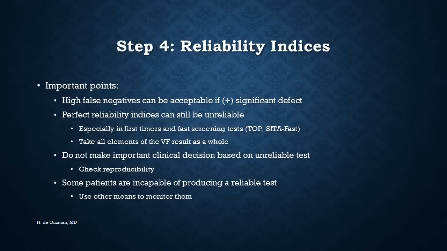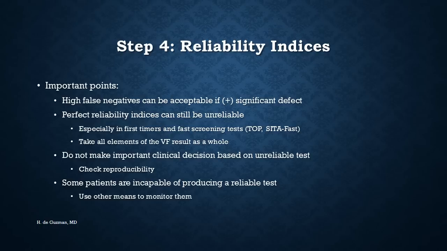Perfect reliability indices can still be unreliable, especially in first-timers and the fast screening tests, which are less sensitive. So you have to take all the other elements of the visual field as a whole and not just rely purely on the reliability indices as your indicator of reliability.